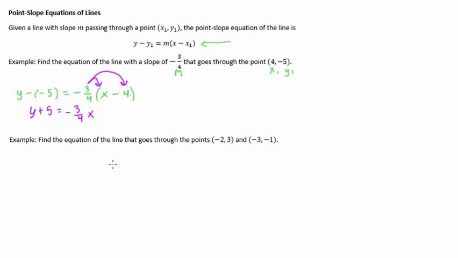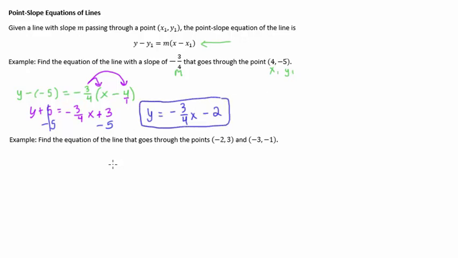But what's happening is that this is like 4/1, so the 4's are canceling each other out, leaving us with 3 from on top of this fraction. Now I just need to subtract the 5 over, and then I'll have y equals, which means I have slope-intercept form. So y equals -3/4 x minus 2.